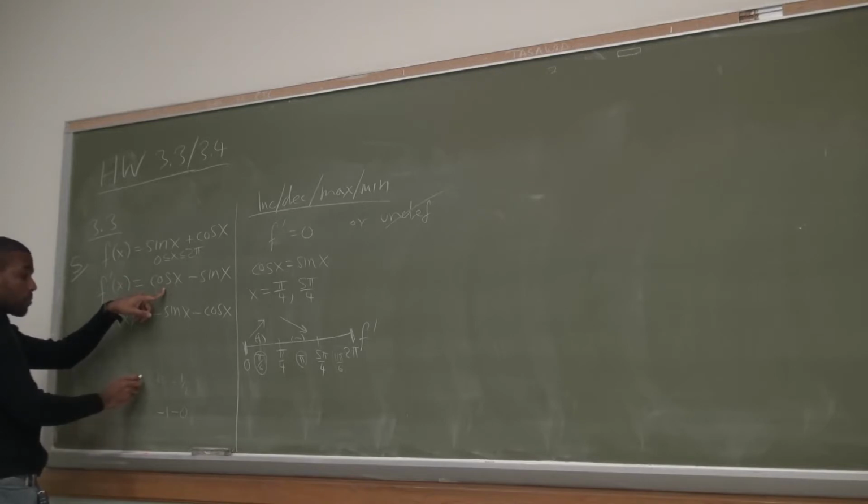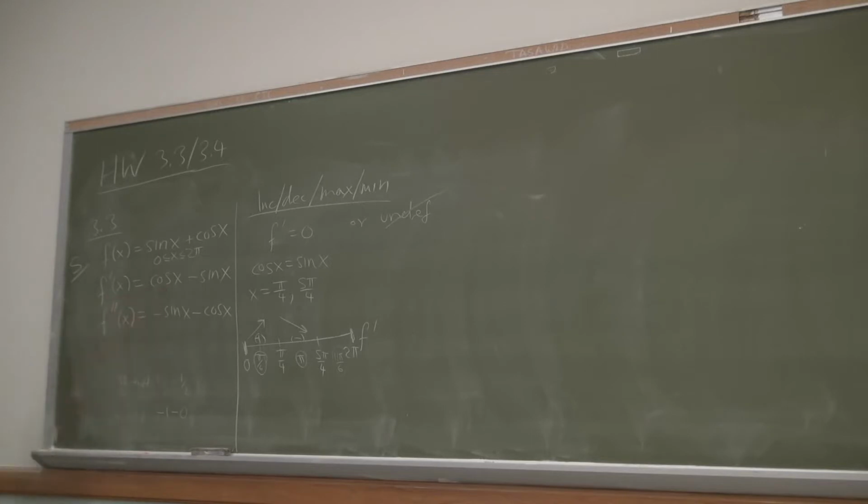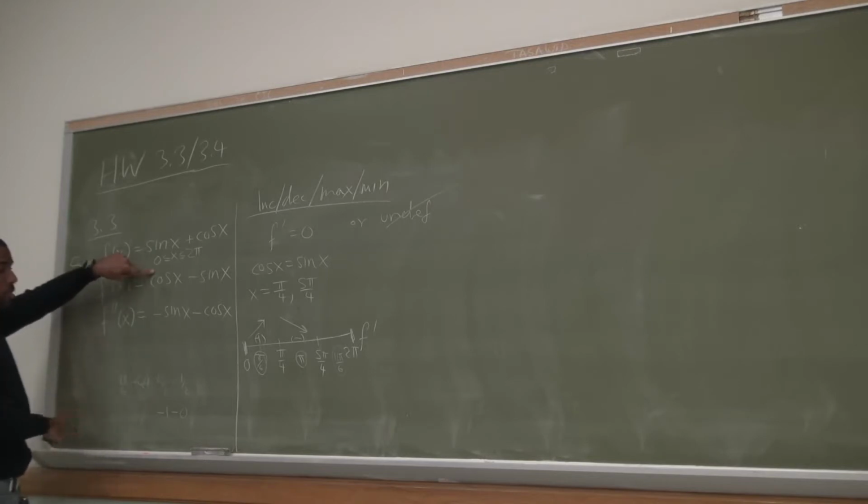It's in the fourth quadrant, which means cosine would give you a positive value, sine would give you a negative value. So if I plug in cosine of 11 pi over 6, it's the same as cosine pi over 6, but the sign changes based on the quadrant.